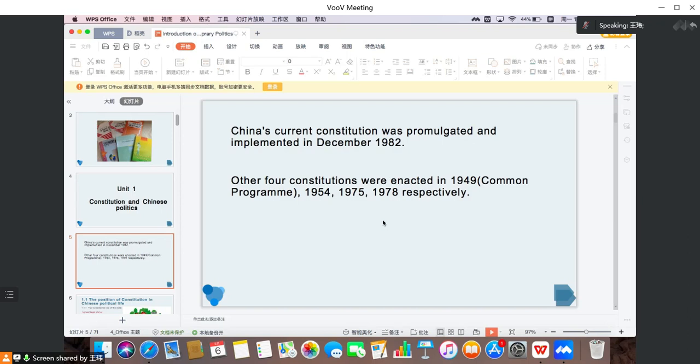But in contemporary China, we are implementing the 1982 constitution, and even this version we have revised several times. That's all, and we just finish with this point.